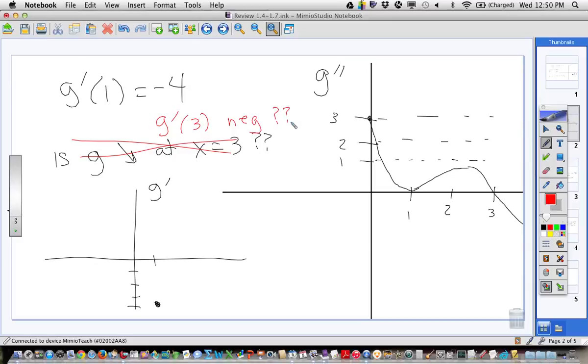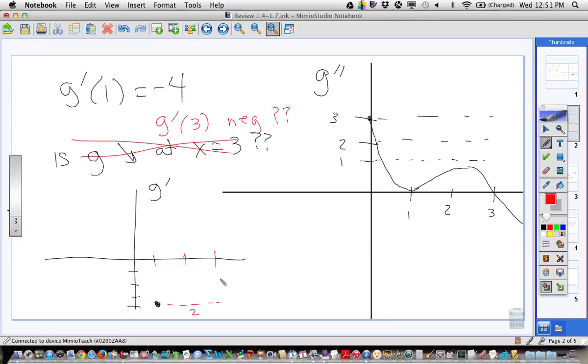Because if G prime is negative, then I'll know G is decreasing. I don't know anything about G. All I have is G prime and G double prime information. How can I find out about G? So I go to the chart and I want to know if G prime of 3 is negative. So if I look at my graph, what's that saying? Well, G prime of 1 is negative 4. So the question is, where is my point over here? Well, that's where speed limit law comes in. If I go over 2, how much am I going to go up? That's the real question. Well, how do I tell how much I'm going to go up?